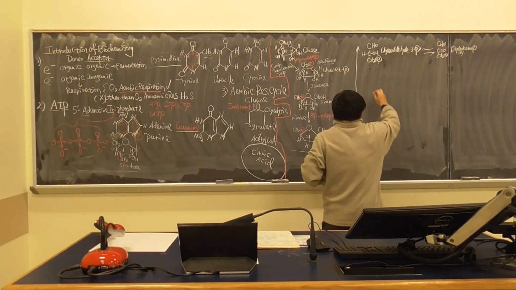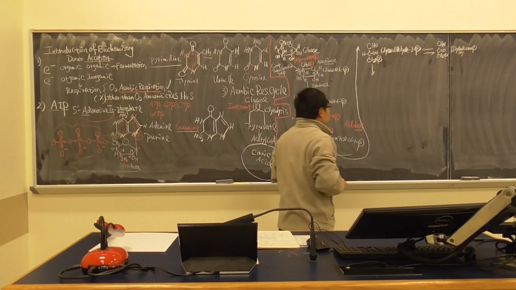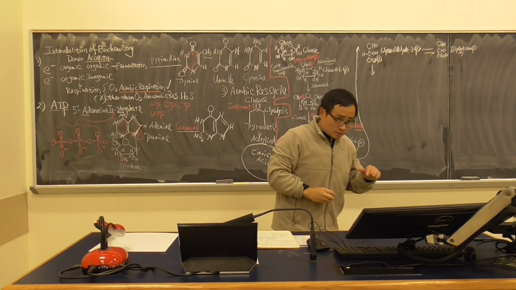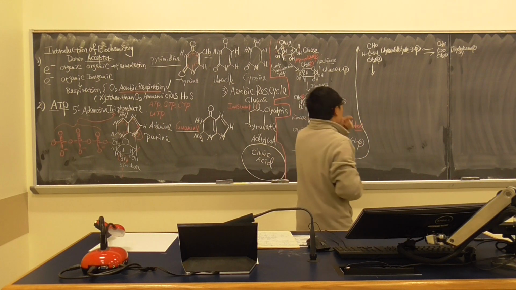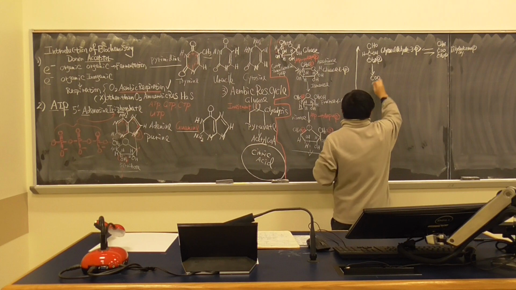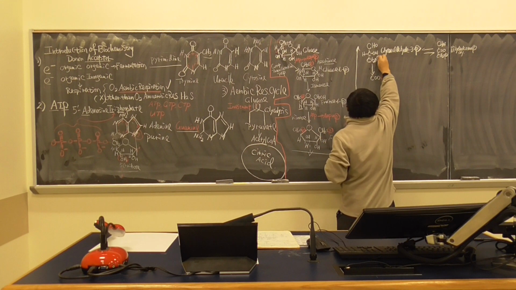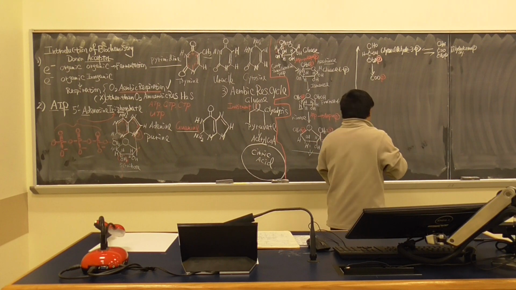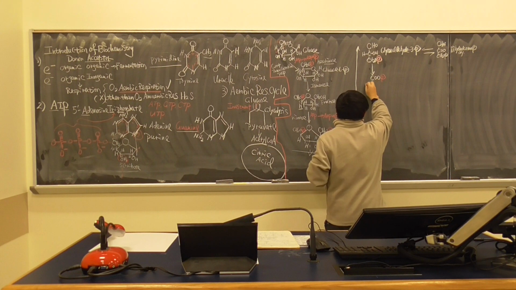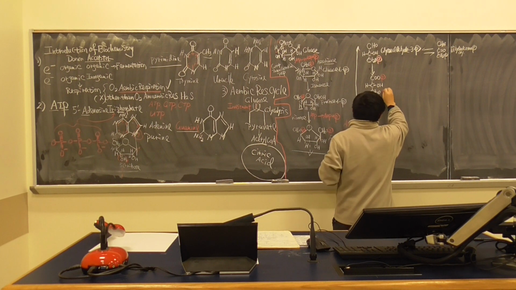Glyceraldehyde 3-phosphate will go through a very important step. This step, lots of people will be missing, will be confusing. What are they going to become? COO, add the phosphate there. I'll draw this one, okay, like that. Then we go CHOH, CH2O phosphate.